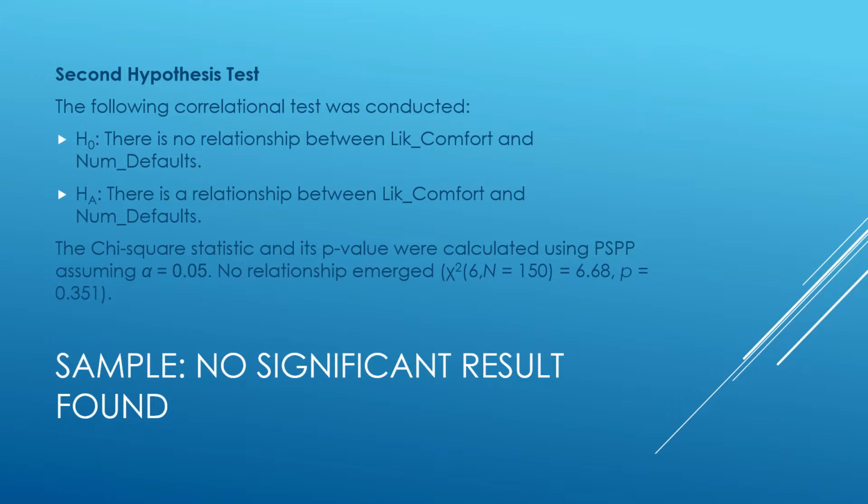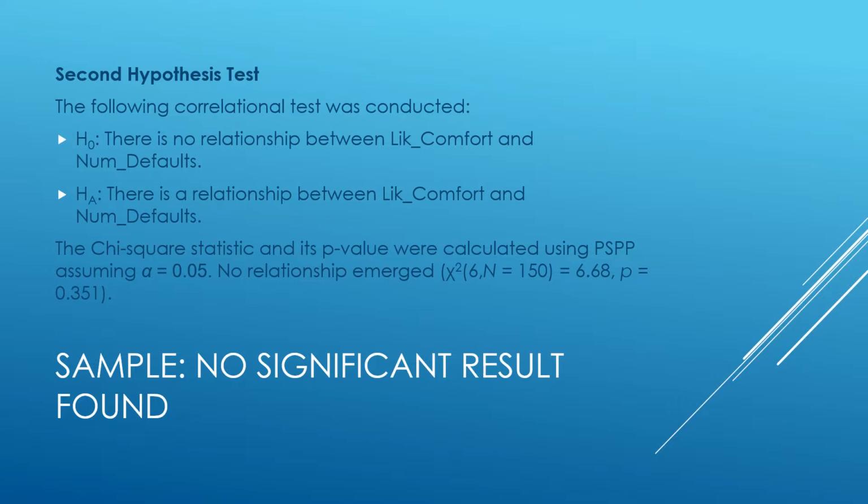So for our second hypothesis test here, we had the same null hypothesis, that there is no relationship between light comfort and number defaults. And our alternative hypothesis is that there is a relationship between these two variables, light comfort and number default.